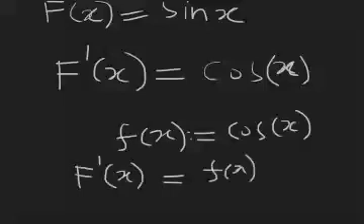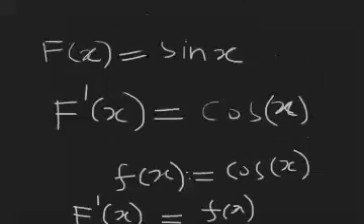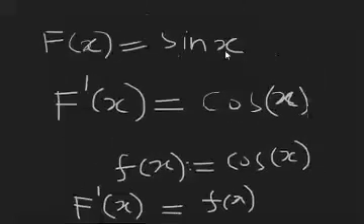Therefore this sine of x is said to be the antiderivative of cosine of x, right? This is the simple example. I think you know what an antiderivative is.